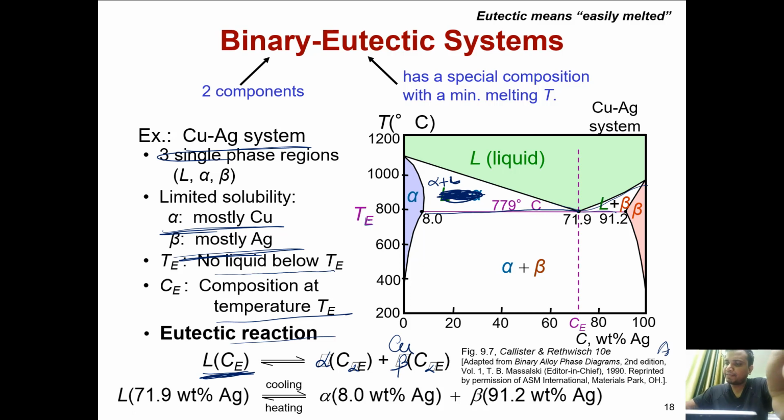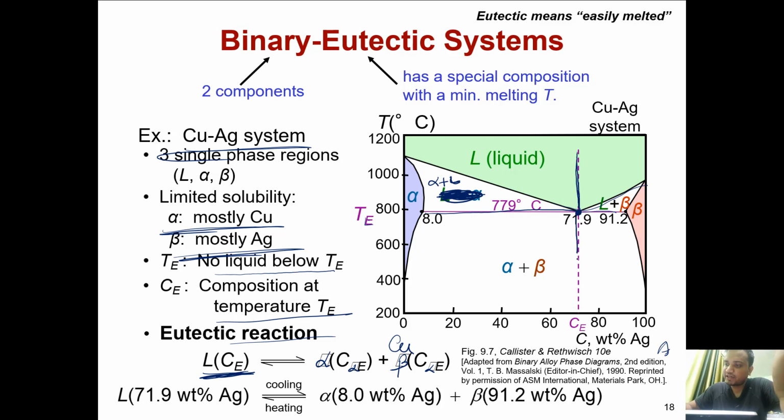Okay, now when it is transforming, it is at this point. Okay, this is the point, right? So what is the composition of liquid, alpha and beta? So liquid is here, at this point.